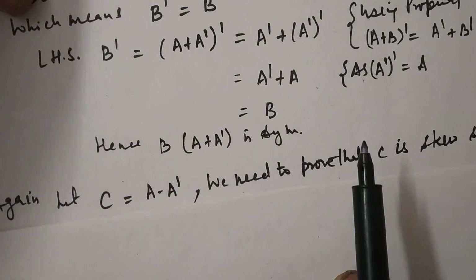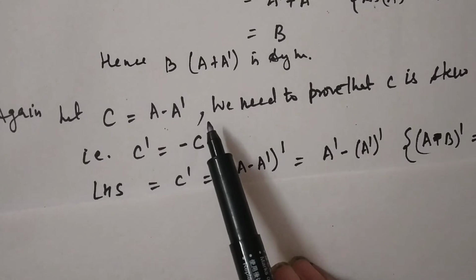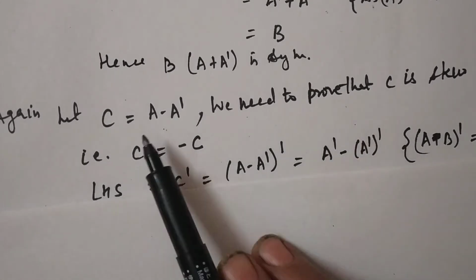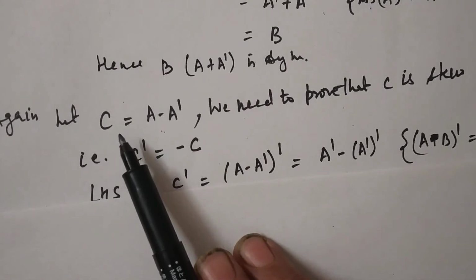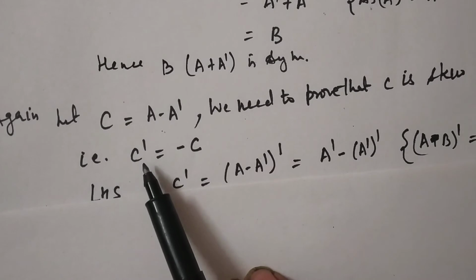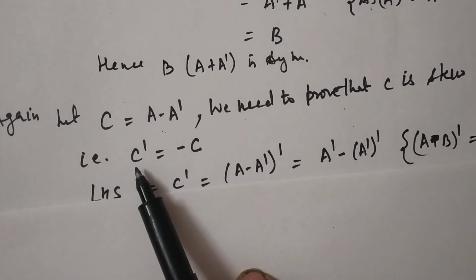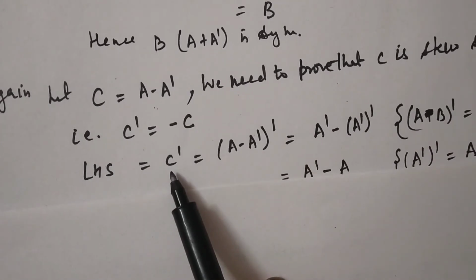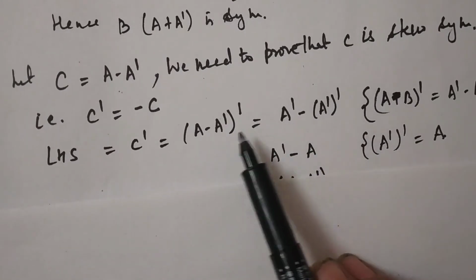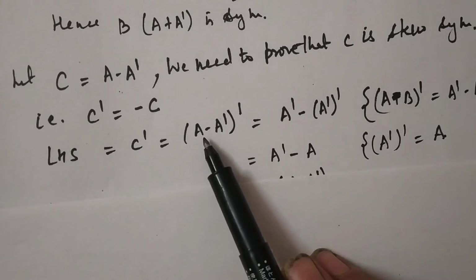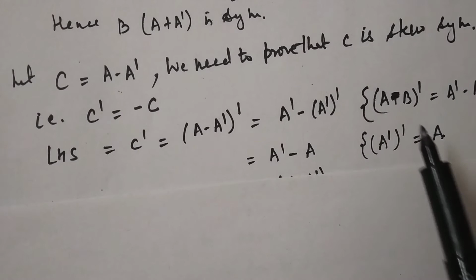Now I have to prove that C, A minus A transpose, is a skew symmetric matrix. We suppose that A minus A transpose is a new matrix C. That means if I need to prove that C is skew symmetric, I need to prove that transpose of C is equal to minus C. Let us start with the LHS, and C transpose I have taken as A minus A transpose whole transpose, and again using that property I open it: A transpose minus transpose of A transpose.